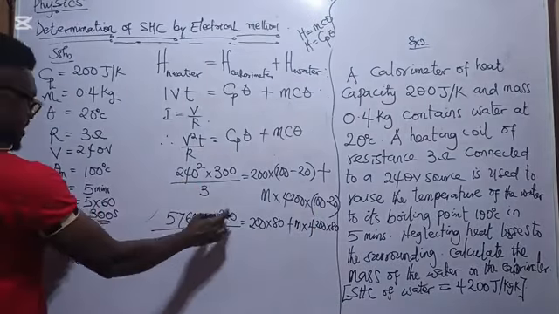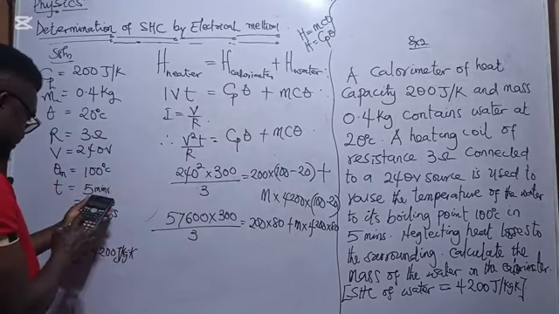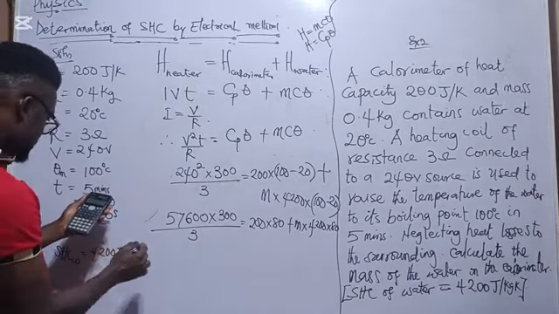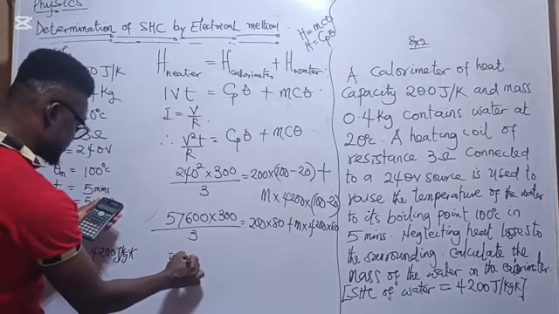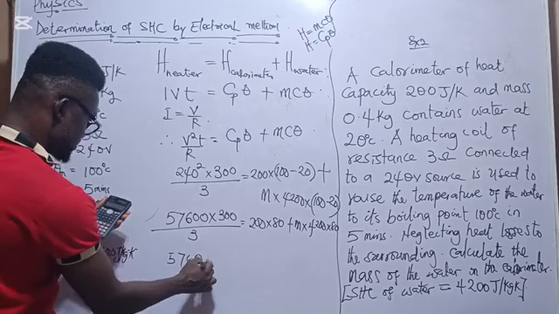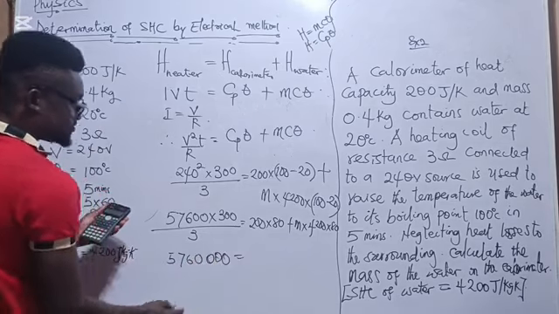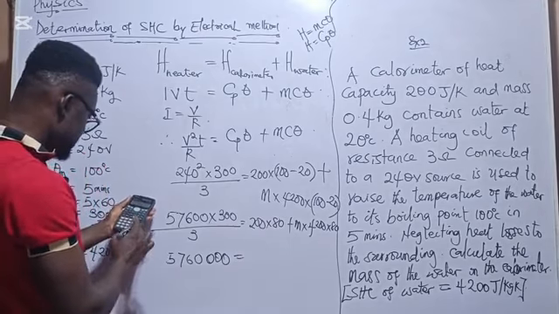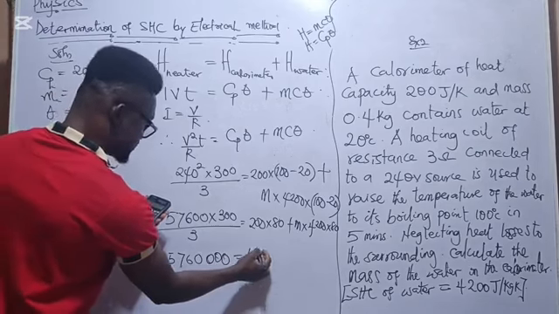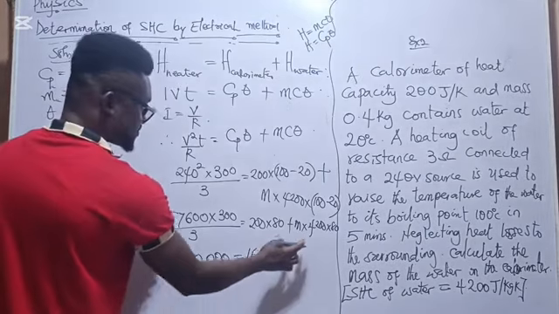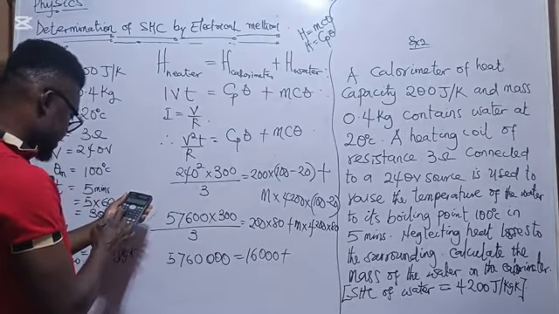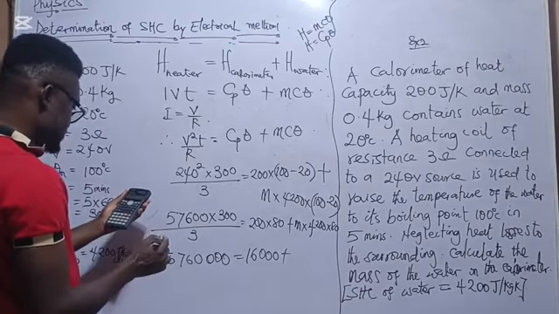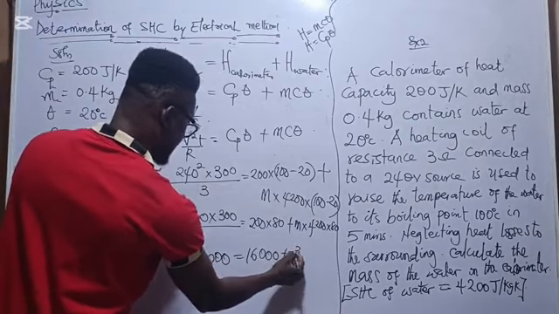So at this point, we multiply this times 300, then we divide by 3. So here we're going to have 5,760,000 equals 200 times 80, which is 16,000, plus 4200 times 80 times M.